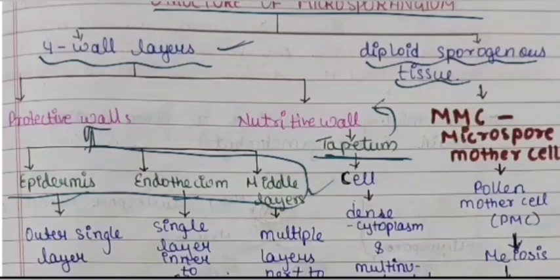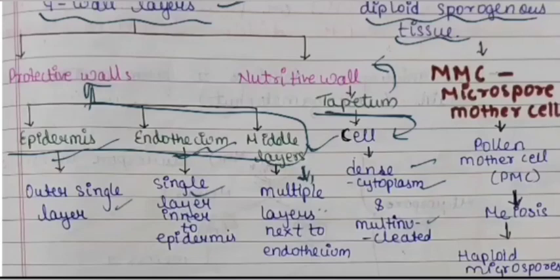The epidermis and endothecium are single layered, and the middle layers are multiple layered, just next to the endothecium. The tapetum contains dense cytoplasm and is multinucleated.